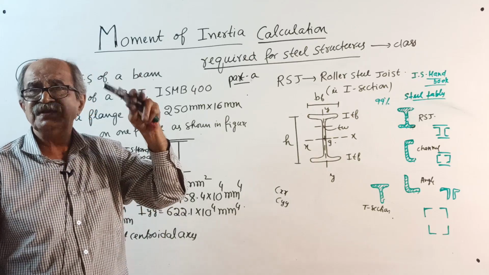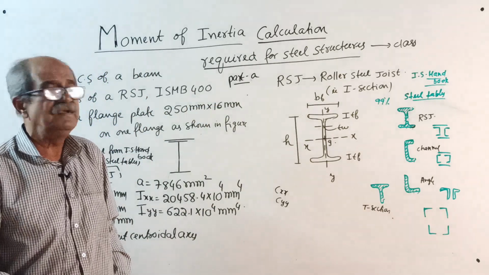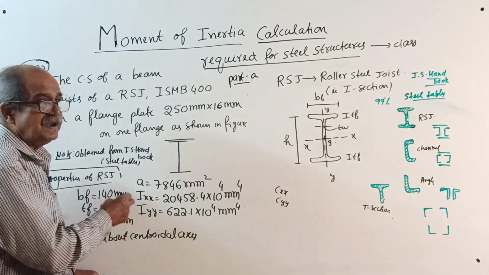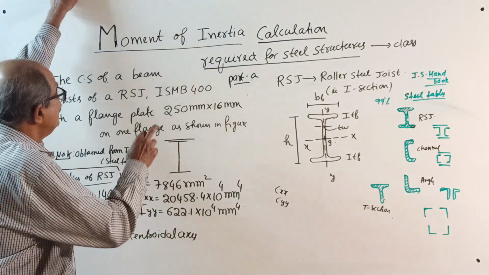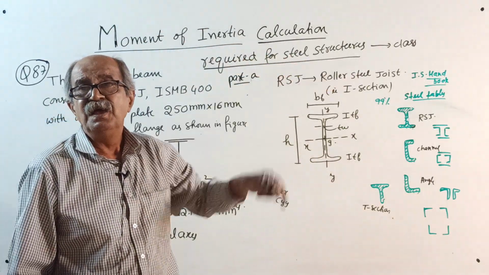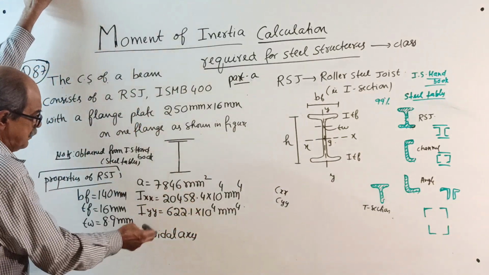Actually, in examination, it is allowed. You can use it. But in actual questions in steel, they won't give properties. Why? They will tell only ISMB 400. They will tell you to refer to the steel table. But in the engineering mechanics class, you can't refer to a steel table, so I am giving properties here.